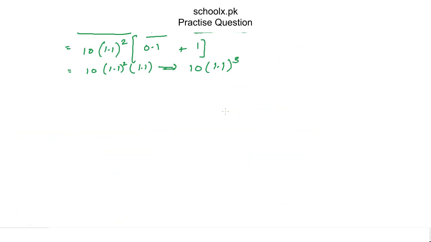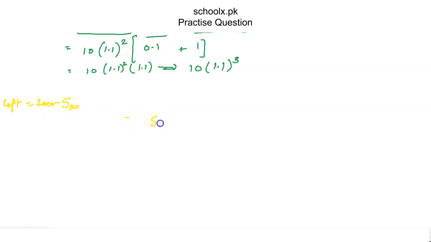Now the water losses are following a geometric progression, so we'll use the formula for geometric progression. We need to find the sum of water lost after the 30th day. So water left equals 2000 minus S30, right? So this is the amount of water left in the tank after the 30th day.